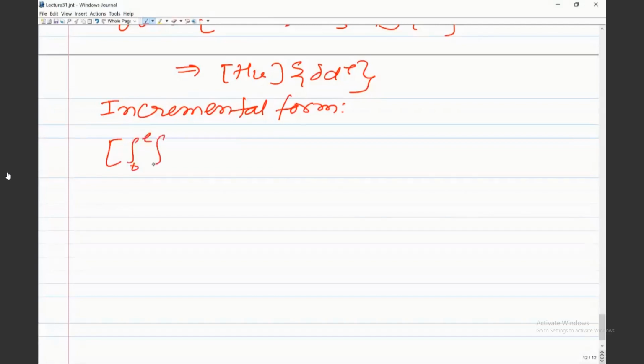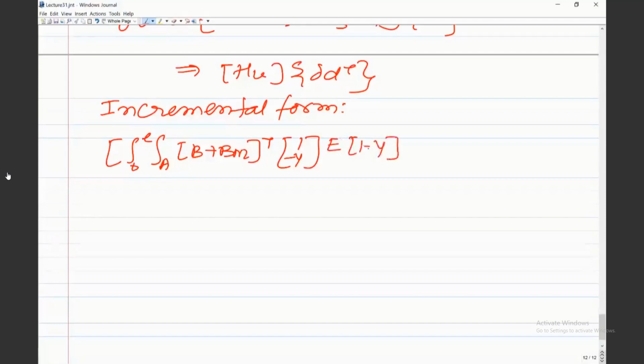So integral 0 to L, integration over the cross sectional area, and then you will have B plus BNL transpose as it is, and this 1 and minus y we have as it is, and then we are writing delta Sxx as E into delta Exx, and delta Exx is written in terms of the cross sectional coordinate and delta epsilon B and delta epsilon M. So we will have Young's modulus E here, and then 1 minus y.